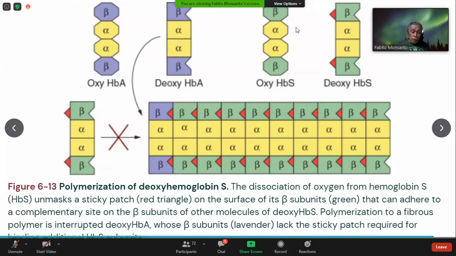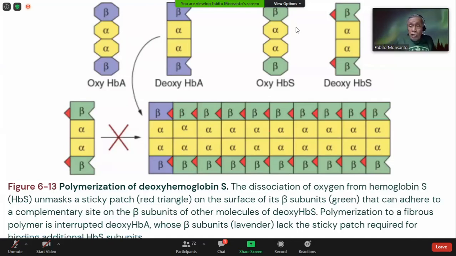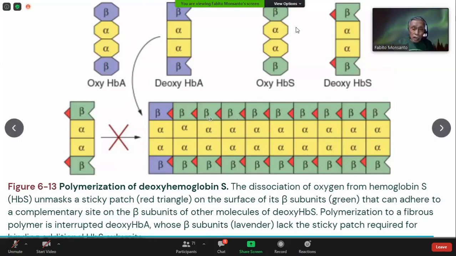The mutation is on the beta subunit. The number 6 amino acid of the beta subunit, which is normally occupied by glutamic acid, has been genetically replaced by valine.